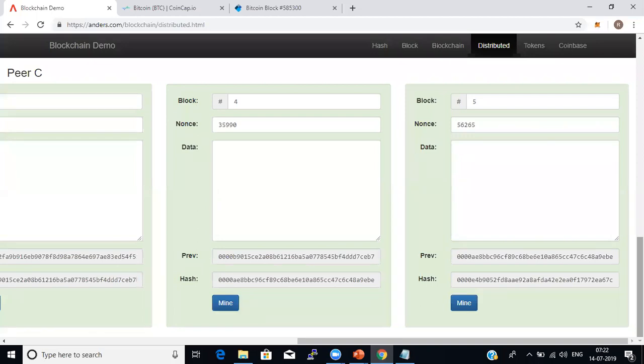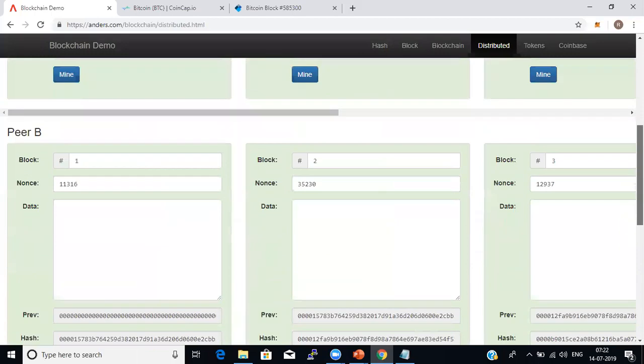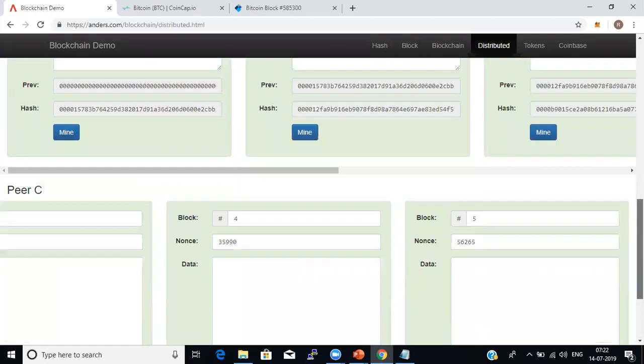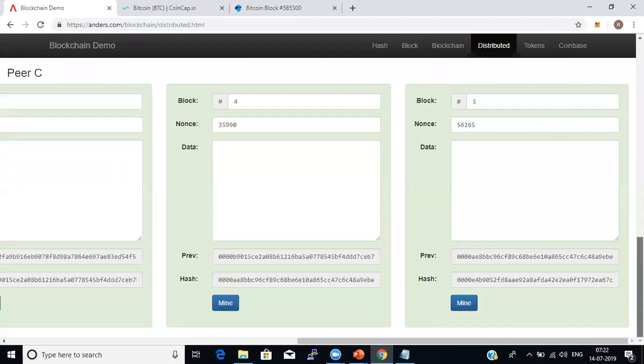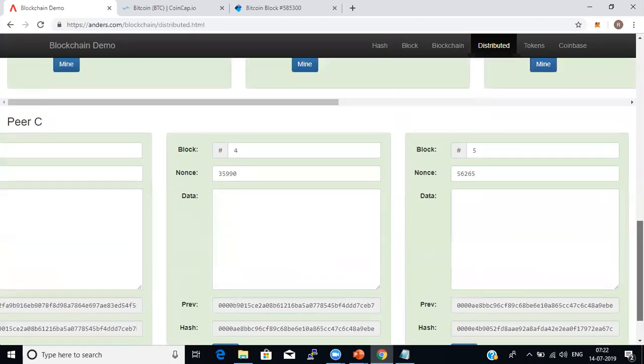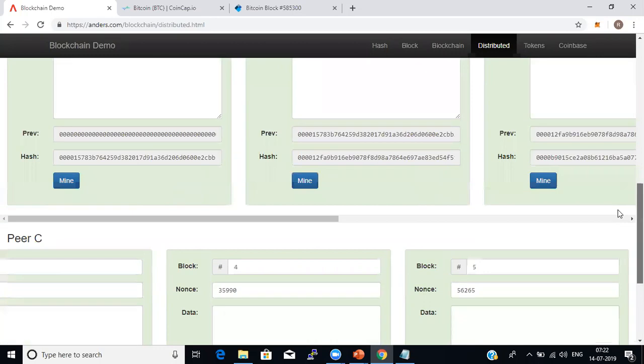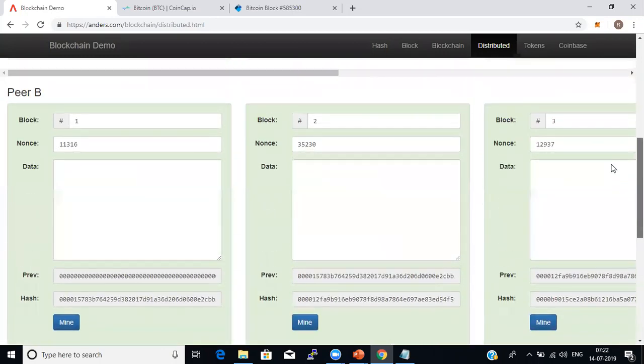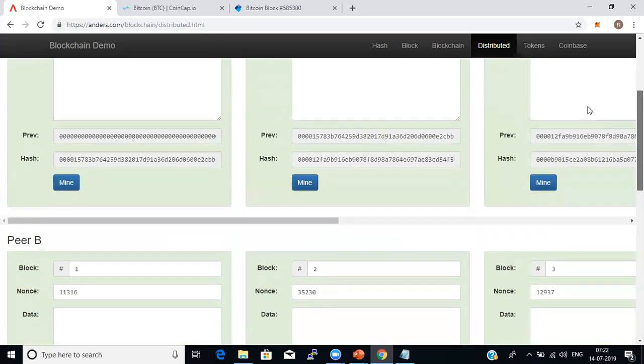And in the network, all the nodes will become validators. So in this case, if peer C generates a new block, that is called a candidate block, and immediately peer C will broadcast this newly created candidate block to peer B and peer A.